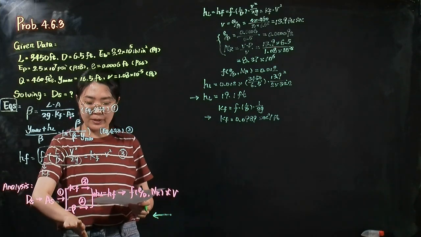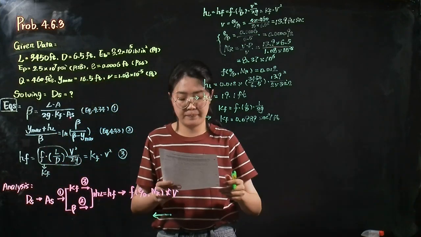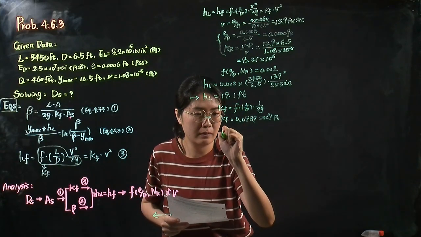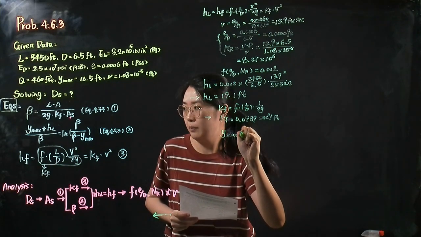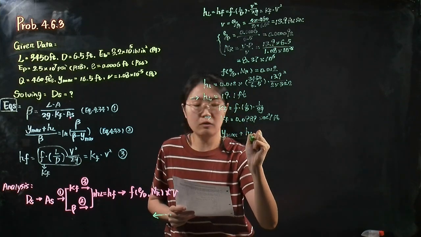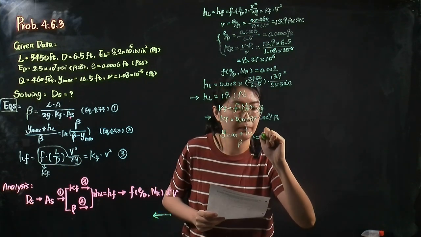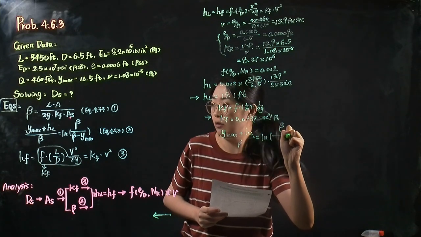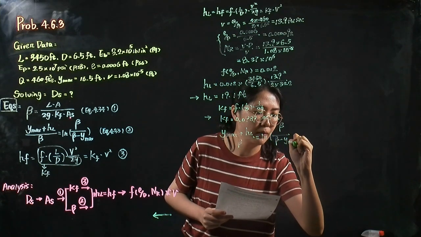Then the next step is to calculate the damping factor beta based on equation 2. The Y max plus the head loss over beta equals ln of beta over beta minus Y max.